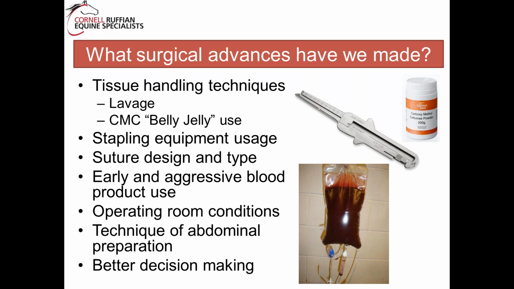Stapling equipment usage, so that silver thing there is an I-1100. These are all human products, but these devices make things like reconnecting bowel together fast, clean, and minimize anesthesia time again.